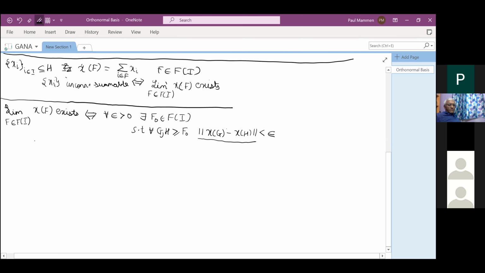since we have that our space is complete, I can actually get some Cauchy sequence in this thing.